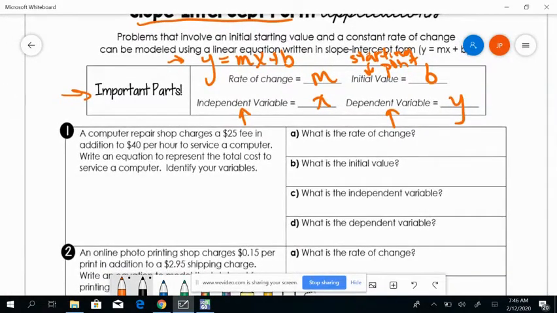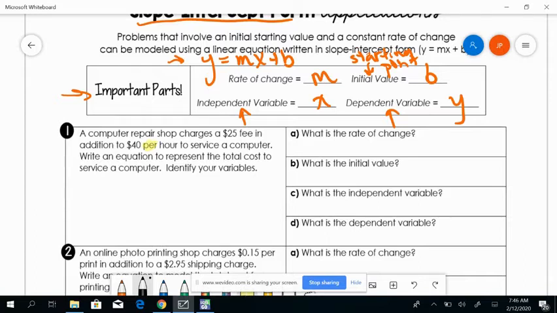So this first one says a computer repair shop charges a $25 fee in addition to $40 per hour to service a computer. Write an equation to represent the total cost to service a computer. Identify your variables. So probably the easiest part of these problems is finding out what your m is. And the reason for that is this word per.